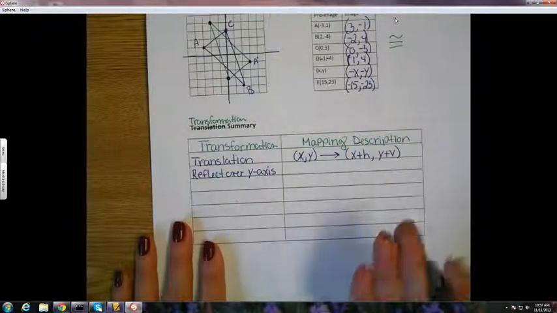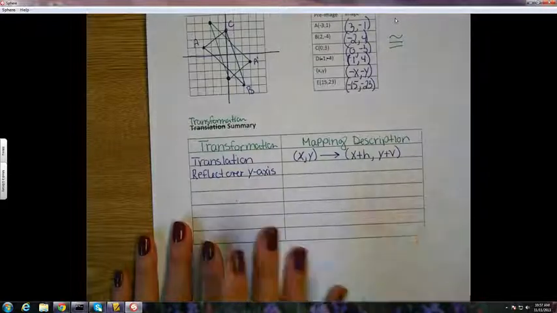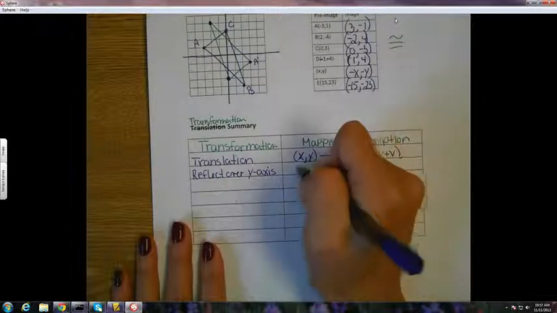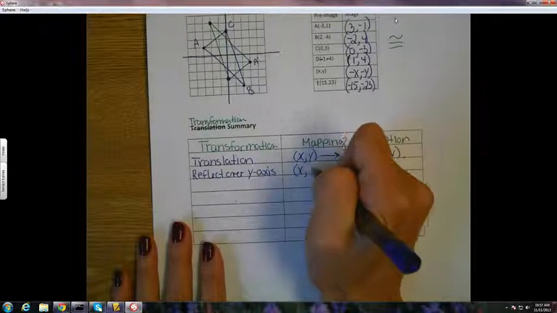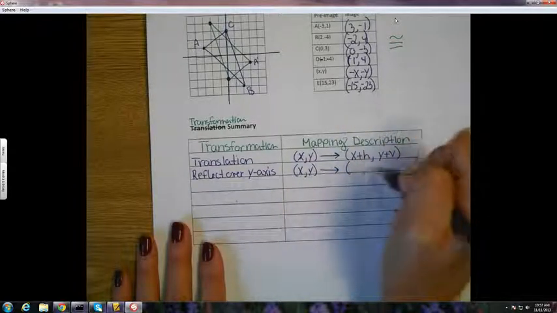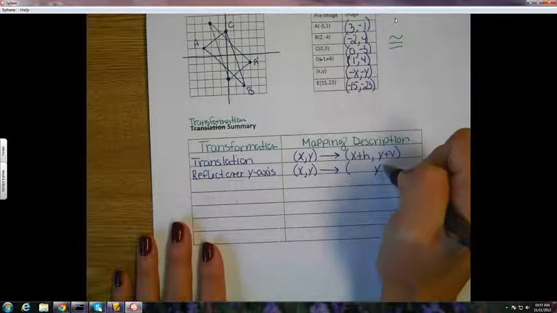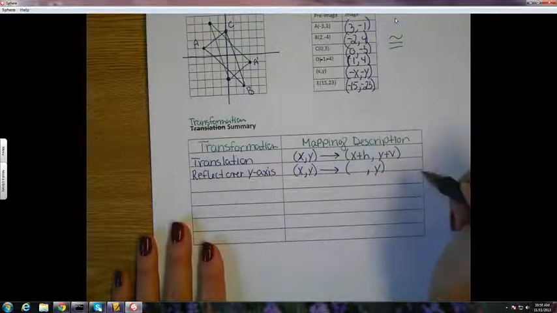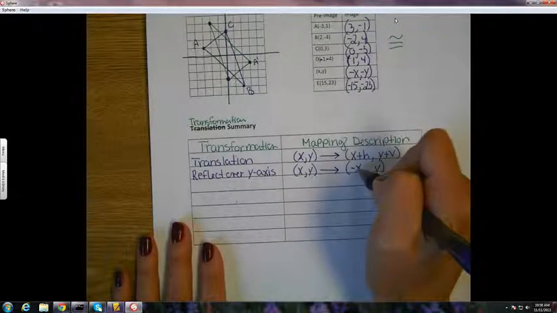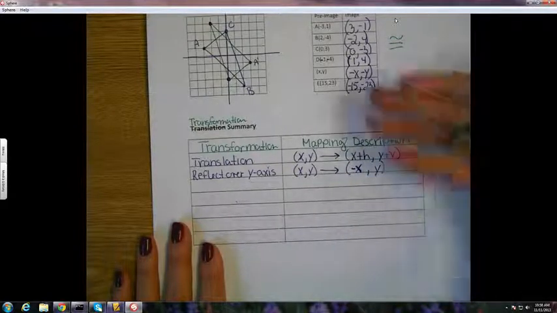We flip over the y-axis, we're actually changing its horizontal position. The height doesn't change. So for the mapping, if you think about the height staying the same, what happened to the x? That went to its opposite. Then we reflected over the x-axis.